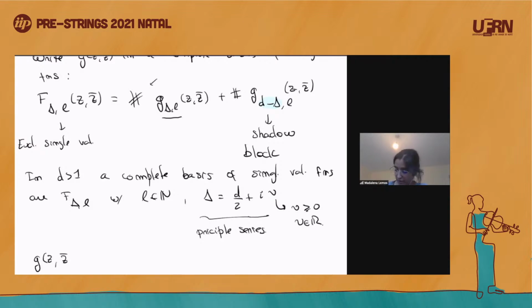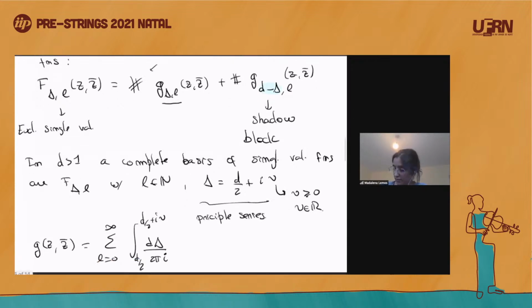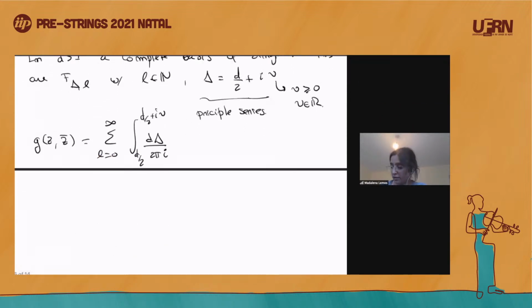So now I can write this as a sum over L and an integral in delta along this imaginary axis with some function times this block. Plus, there's a little subtlety that this is true for the complete basis for normalizable functions.